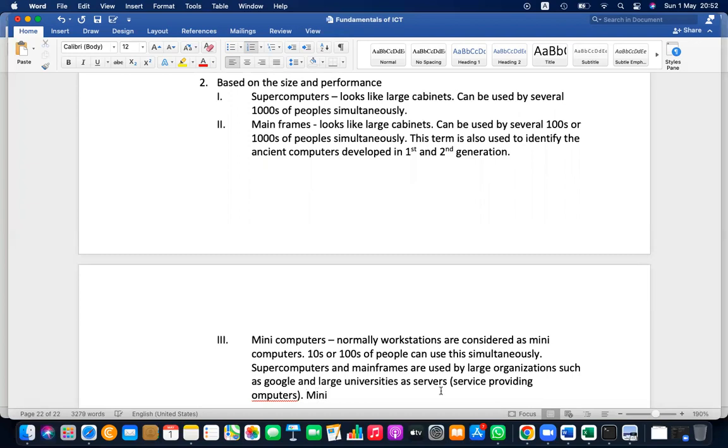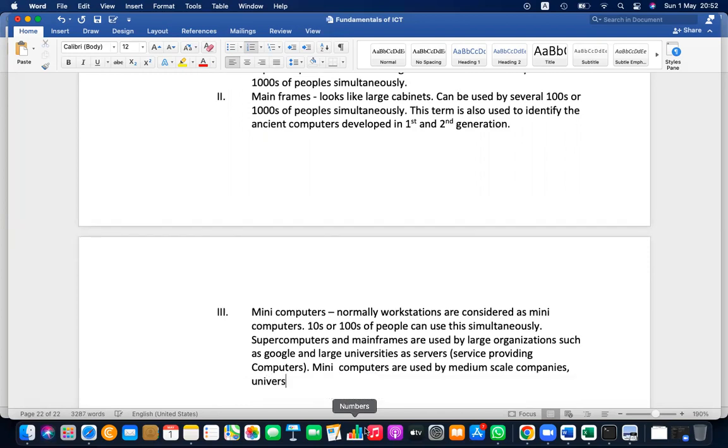Mini computers are used by medium scale companies and universities as servers or game stations.